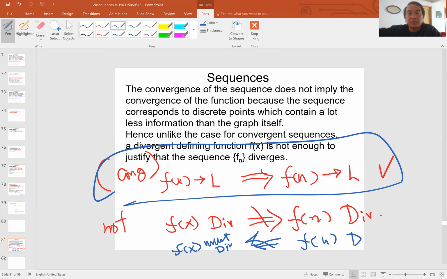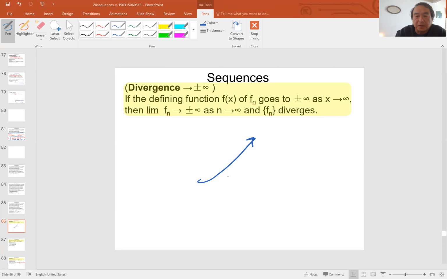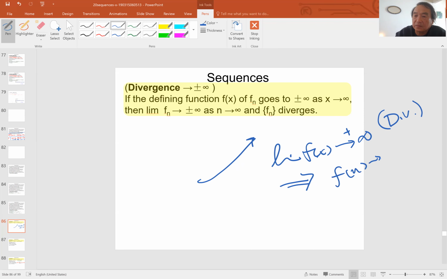So if limit f of x goes to infinity, in this divergence, of course we still use the word divergence, then we can say f of n diverges too. Okay, this is true. If the divergence is the type that goes to positive infinity or negative infinity, then the sequence has to follow those functions as they blow up.